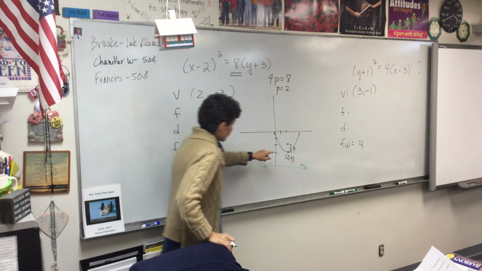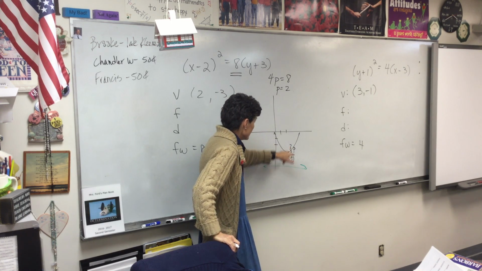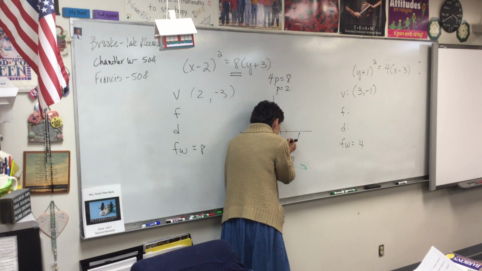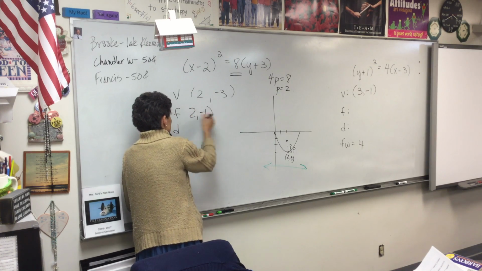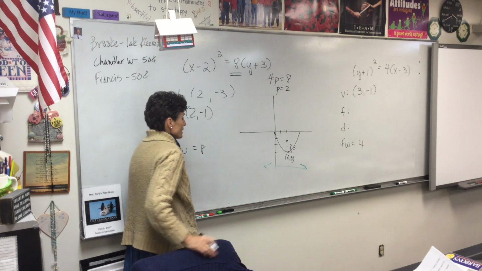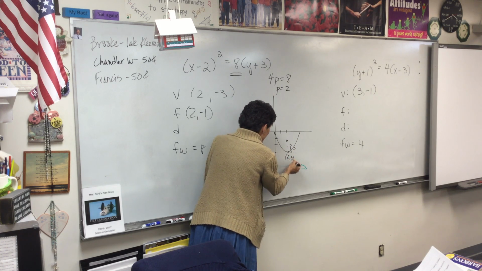So you're going to start right here and you're going to go up 2. So if I go up 2 steps, up 2 steps, where am I going to be? 2, -1. This is where the graph paper might help some of you. If I went up 2 steps, I'm going to go down 2 steps.